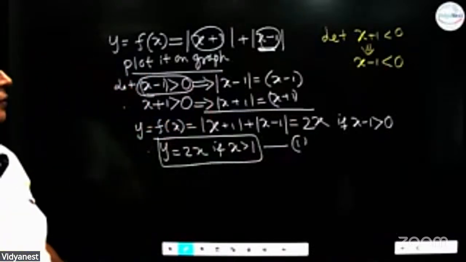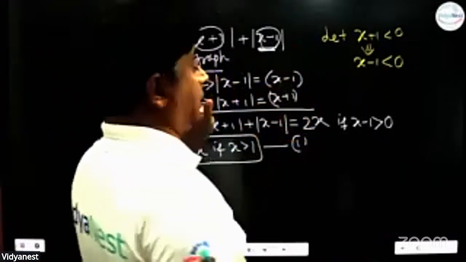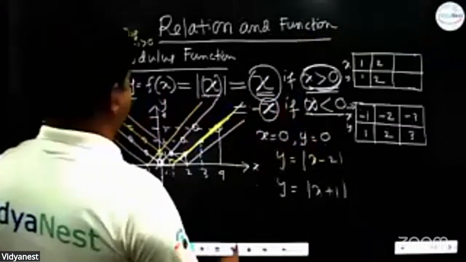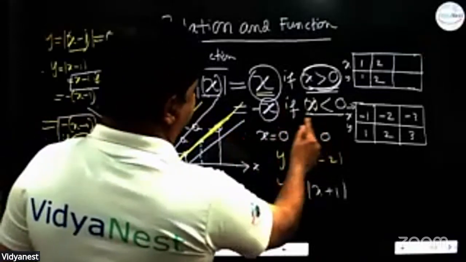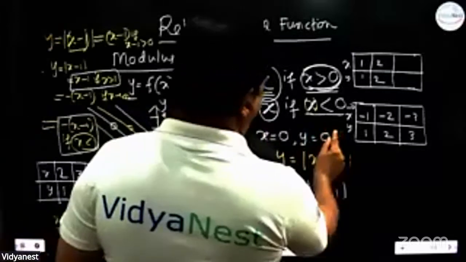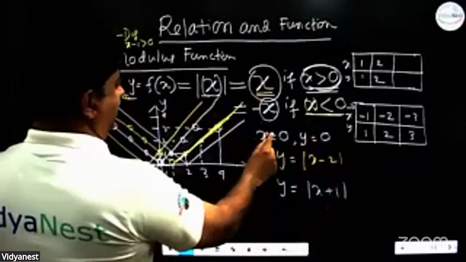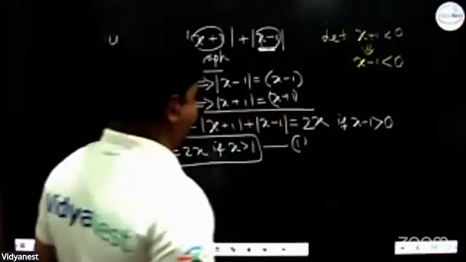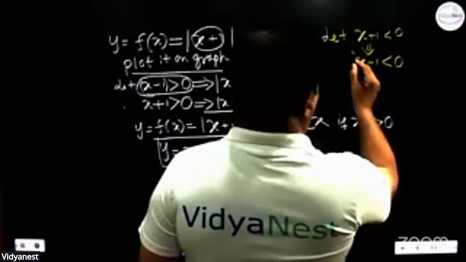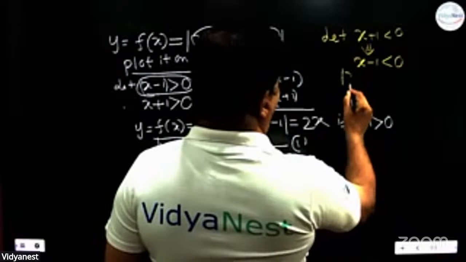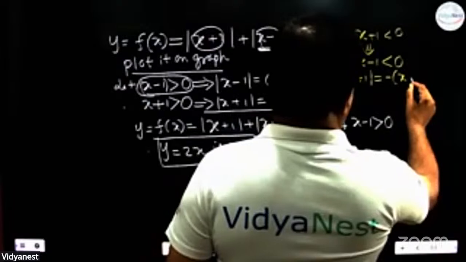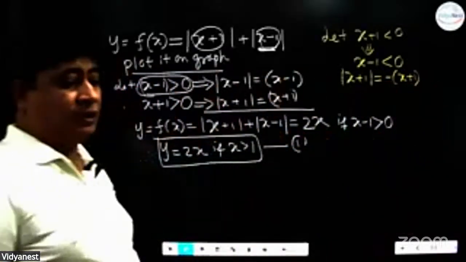Okay? So what will happen in case of negativity? You see, we have just got the variable in mod itself, if less than 0, it will remain with minus sign. So once you get this is less than 0, then mod of x plus 1 will remain with minus sign.